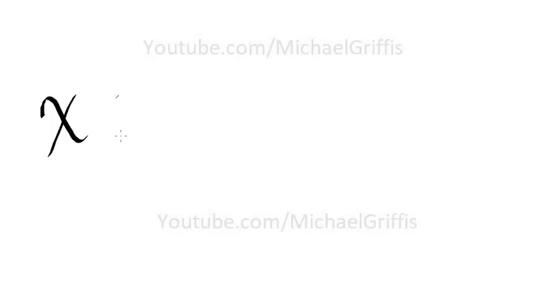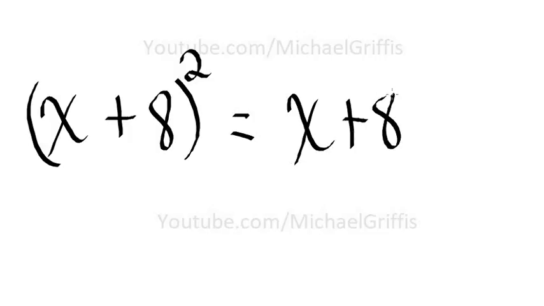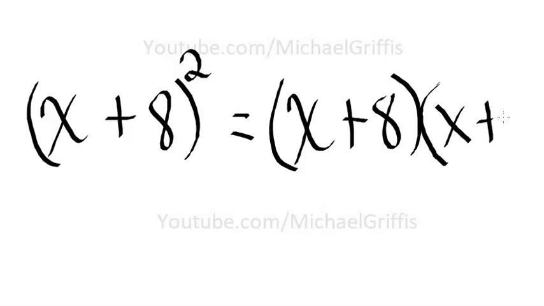We have x plus 8, the whole thing is squared. What do we do? Well, we can rewrite this as x plus 8 times x plus 8.